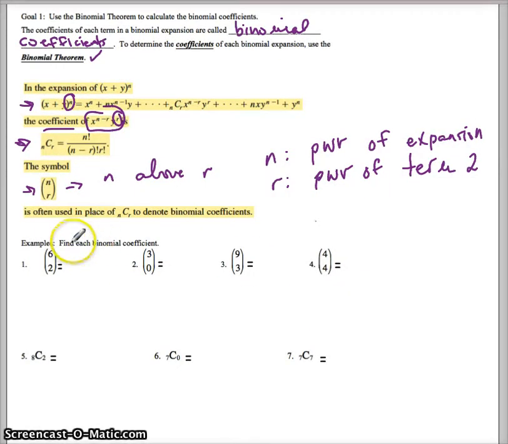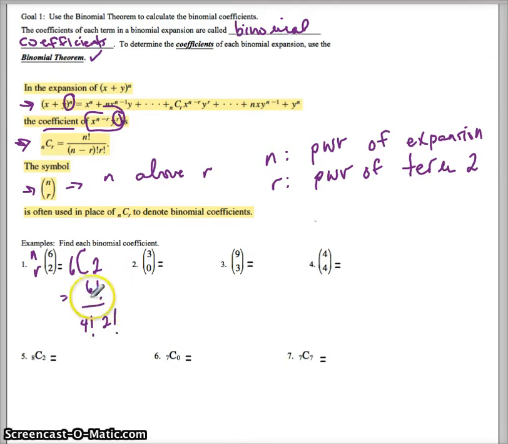All right, so let's first begin by learning how to calculate these. I know that n is 6 and r is 2. So I would have 6 combinations of 2, or n factorial, so 6 factorial, divided by n minus r, or 6 minus 2, 4 factorial, times r factorial.